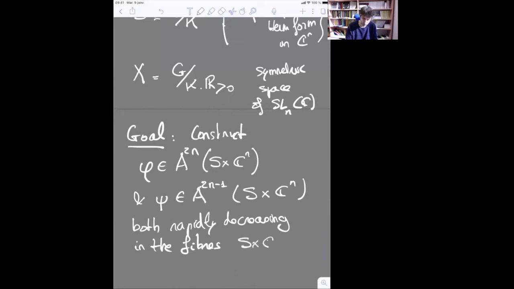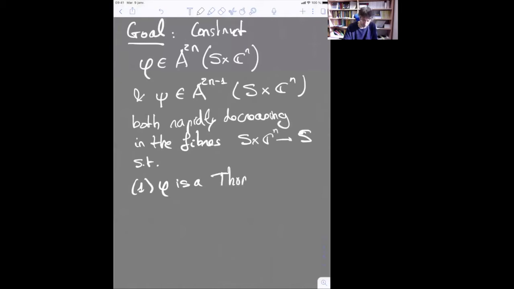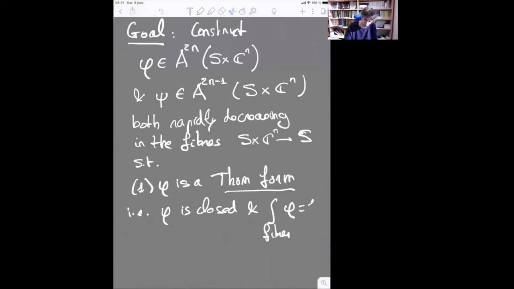So in the fibers of the projection S cross C^n over S, and such that first phi would be a so-called Thom form associated to this bundle. Meaning that phi is closed and the integral over the fibers is equal to 1.